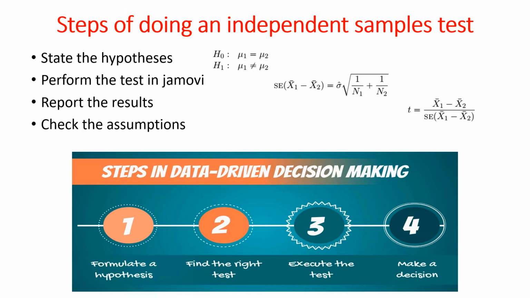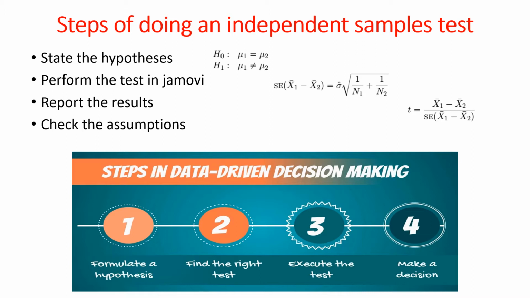In our example, our null hypothesis is that the mean of picture naming in the fluent group is not different from the mean of picture naming in the other group. And our H1 or our alternative hypothesis is completely different. We say that the means are going to be different.